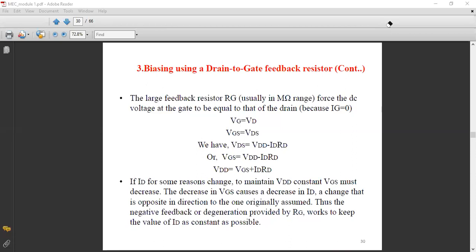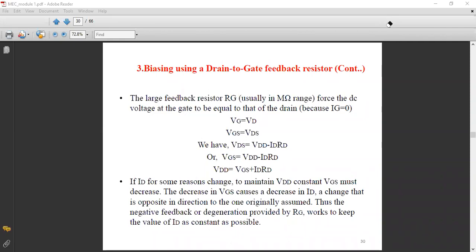So it is not drifting from the saturation region to the triode region. You should maintain the Q point in the saturation region so that proper, faithful amplification takes place. The Q point is more stable in the saturation region as far as a MOSFET is considered. Don't compare it with a BJT.